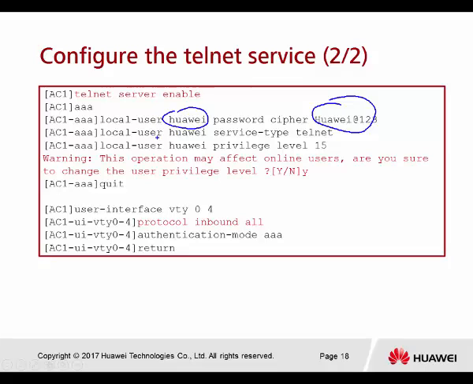Then again, type the same command line, local user Huawei. This user account can only be used for Telnet, and we give it privilege level 15. In Huawei, privilege 15 is the highest one. After you assign this, they can do whatever you want. But of course, you must give the correct password.